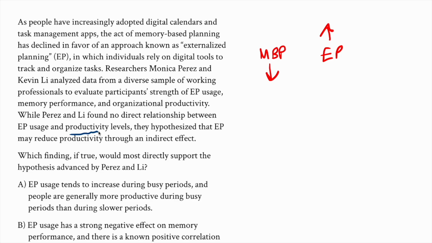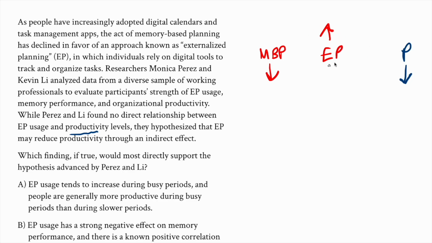Okay, so productivity, what are they saying about productivity? They're saying that EP usage, an increase in EP usage, would lead to a decrease in productivity levels. And so the indirect effect, that's going to have to be something that comes in here that connects the increase in EP, externalized planning, to the decrease in productivity.